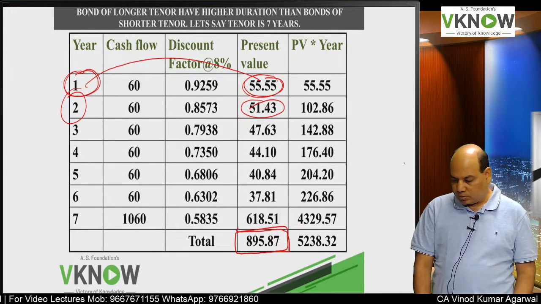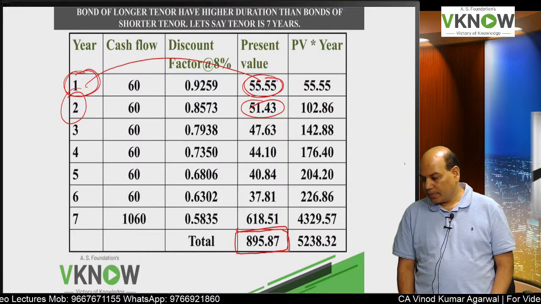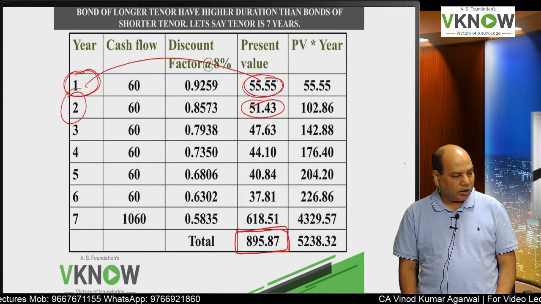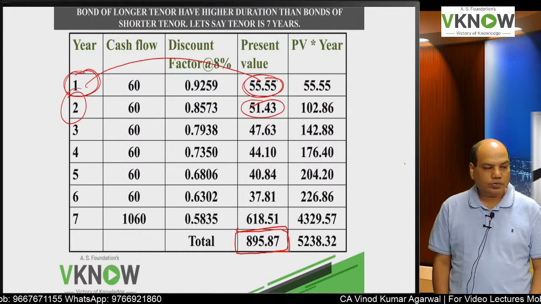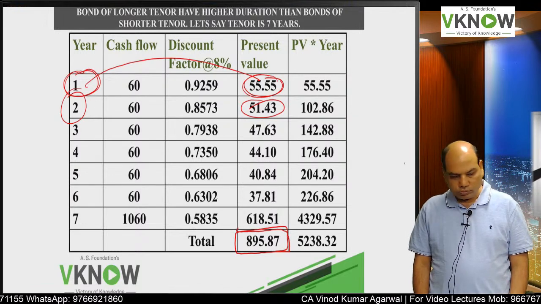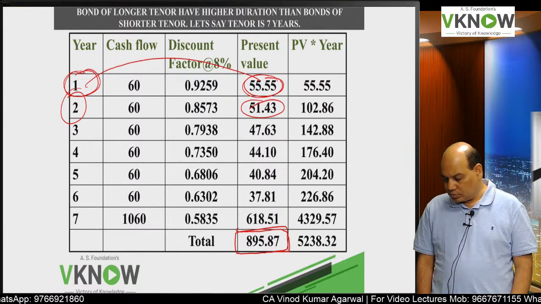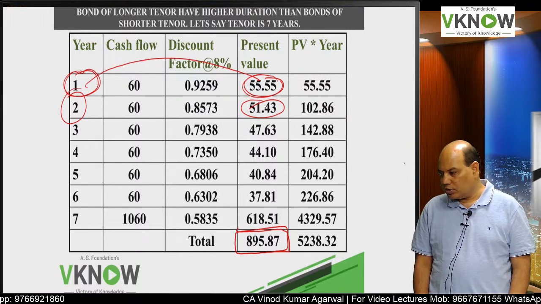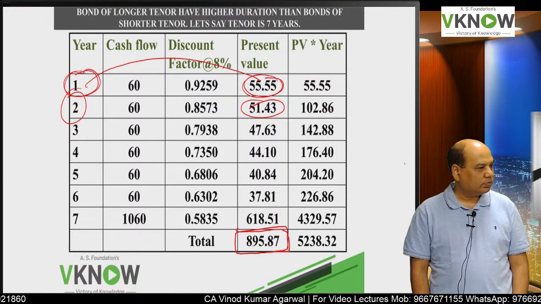Total of the last column is 5238.32. Check the answer. This is the total of the last column. Is it right? Yes, students.